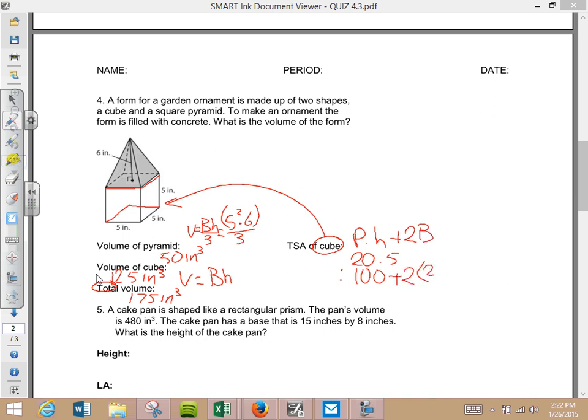And this should be 25. So the 2B, and that'll be 150 inches squared. Do not forget that the lateral area is only a part of the whole thing. But I didn't ask for lateral area. I just wanted the whole thing.